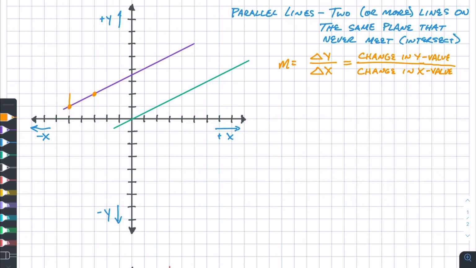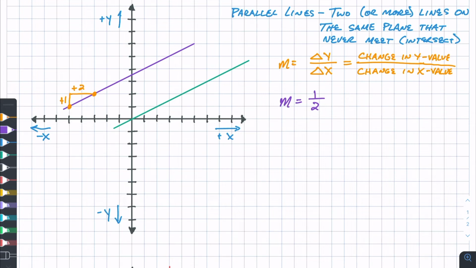So here I'm going up one in the positive direction, and here I'm going to the right two in the positive direction. So there's our slope for our purple line. Our slope for the purple line is going to be the change in y, 1, over the change in x, which is right here, positive 2.